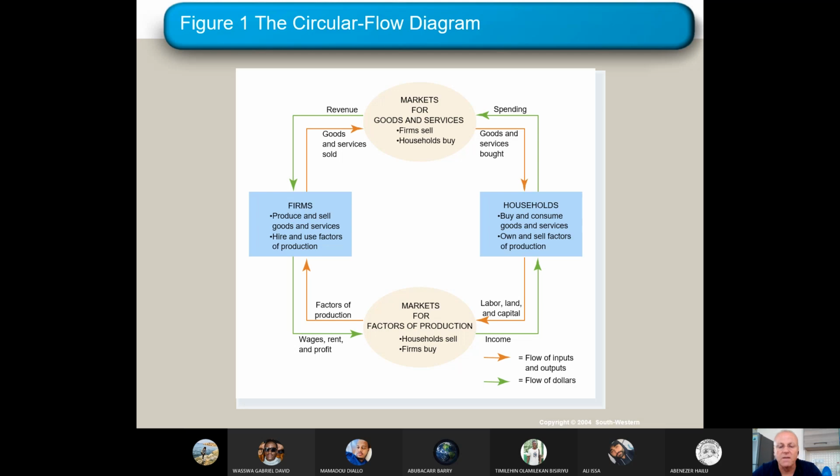And as you are observing this circulation, the households, as owners of the factors of production, will be in the lower part of this market for factors of production.